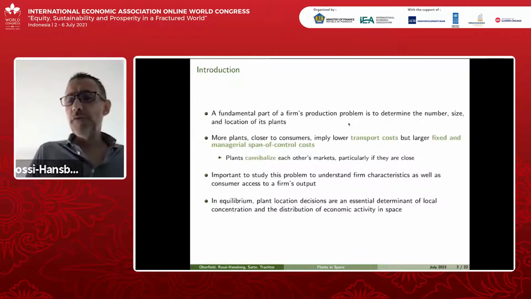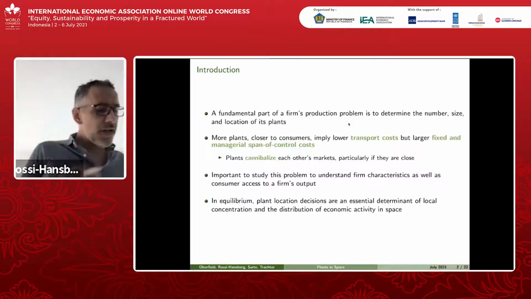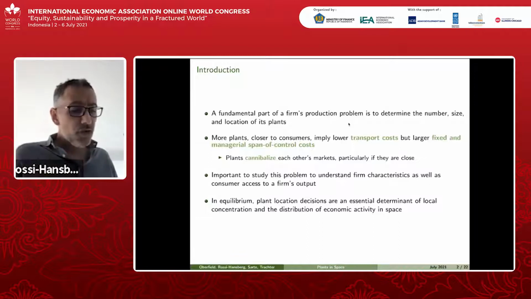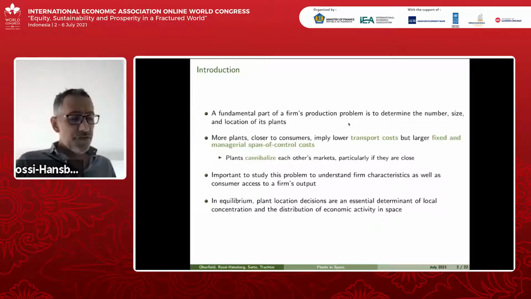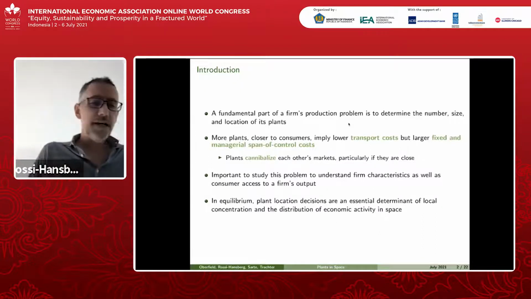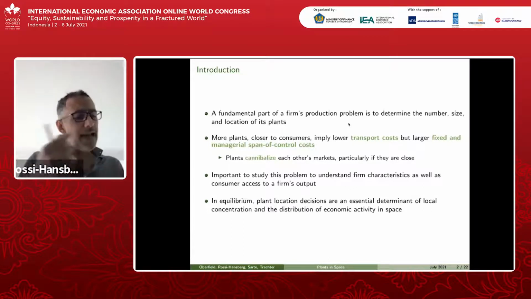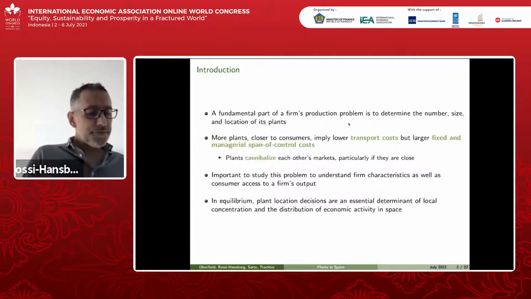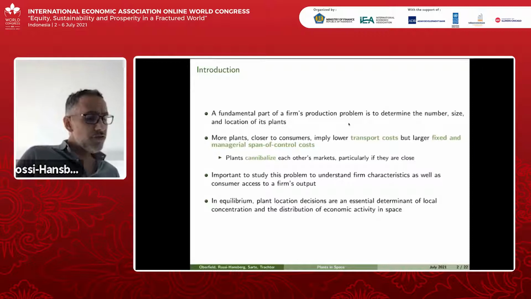On one hand, you want to be close to your customers to minimize transport costs. On the other hand, you want to minimize the fixed cost of setting up more plants and reduce managerial cost of managing many plants at the same time. And so there's this problem of plants cannibalizing each other if they are too close. And so you want to avoid that, but at the same time reduce transport costs.